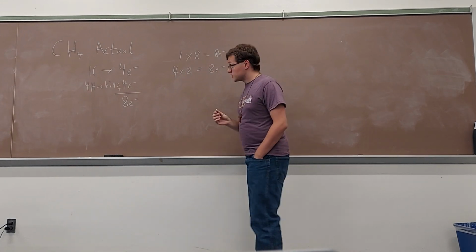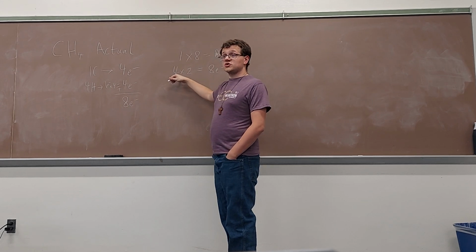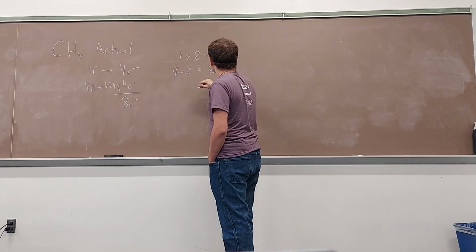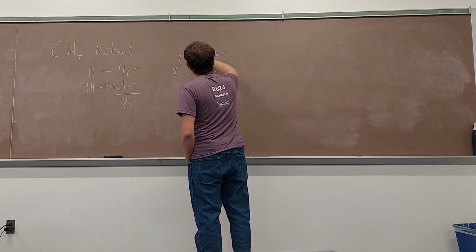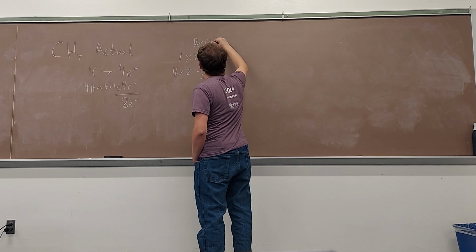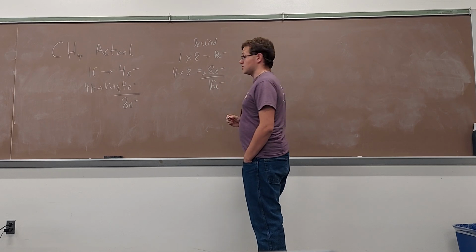To note, the rule for this is everything wants 8, except for hydrogen, which wants 2, and boron, which wants 6. Everything else wants 8, okay? Now we add these together, and this is our desired. So we have our actual and we have our desired. Our desired gives us 16 electrons, okay?